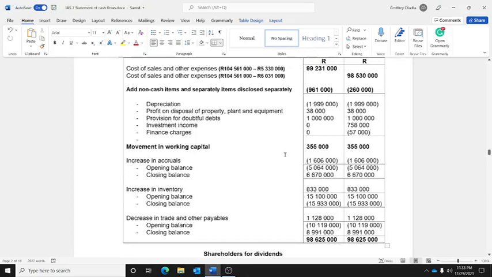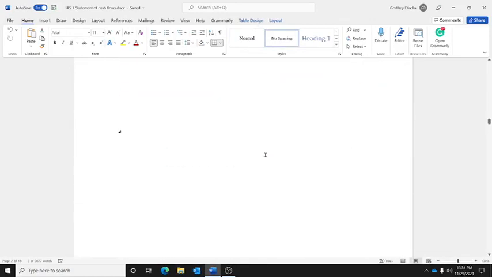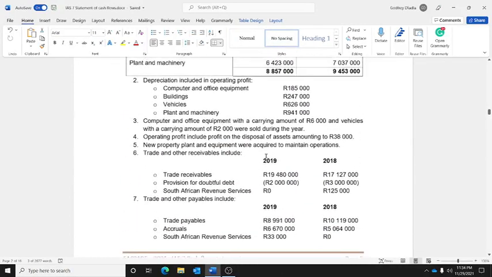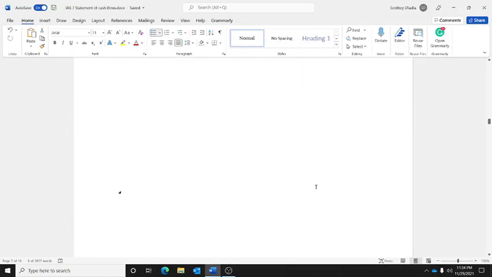Then we go to accruals. So you'll see you've got opening and closing there. The opening is 5,064,000. The closing is 6,670. This is where it comes from. The accruals, they come from here. Okay, they react the same as trade payables because accruals and trade payables are the same.